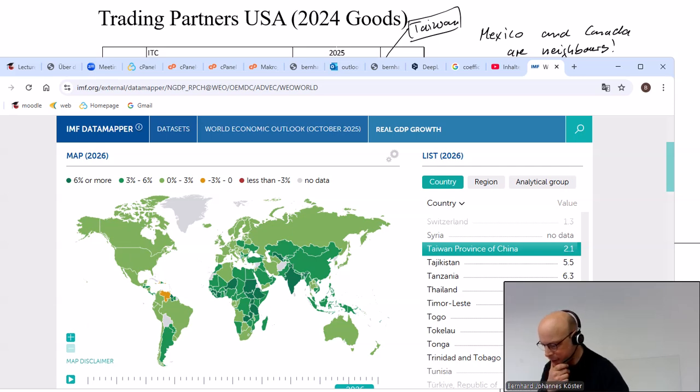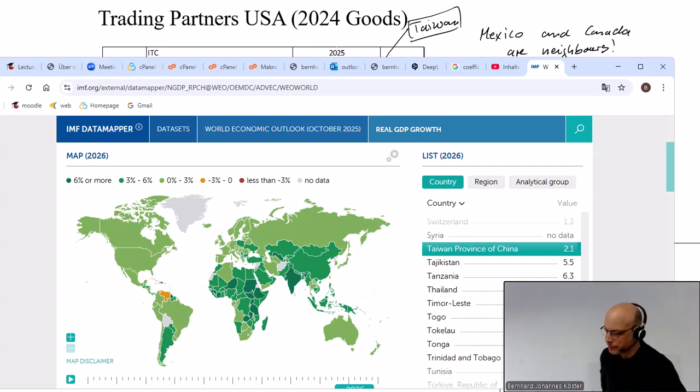And I think in the OECD database you do not find Taiwan. What could be the reason for this? If you look at this name, Taiwan, Province of China, then at the first step you would say, is this really a country? Yes, this is the reason.